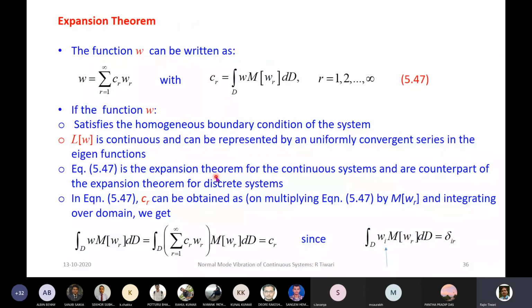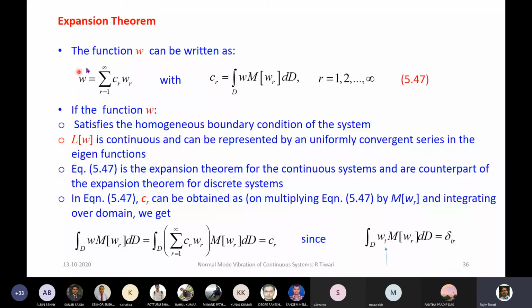Okay. Now the next thing is the expansion theorem that we had for the discrete system, where we mentioned that any particular response can be expressed in terms of the eigenvector multiplied by some constant. Same thing we are writing here. These are the eigenfunctions multiplied by some constant c, and we are summing them from r equal to 1 to infinity.